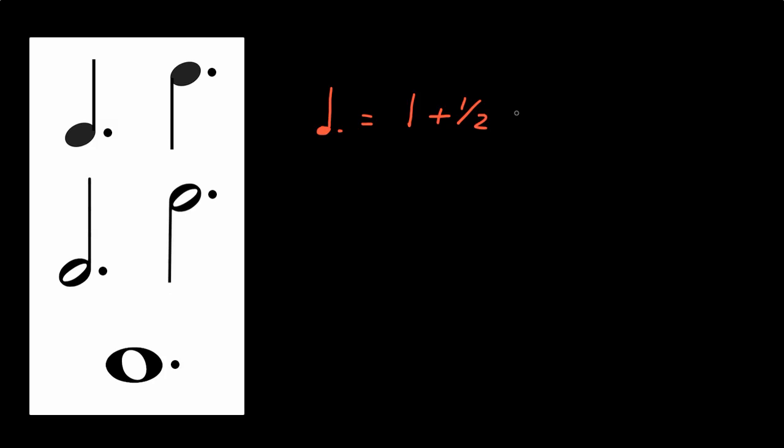So that means that this dotted quarter note lasts for 1.5 beats. By the way, another way that we could write this is a quarter note tied to an eighth note, just like this.